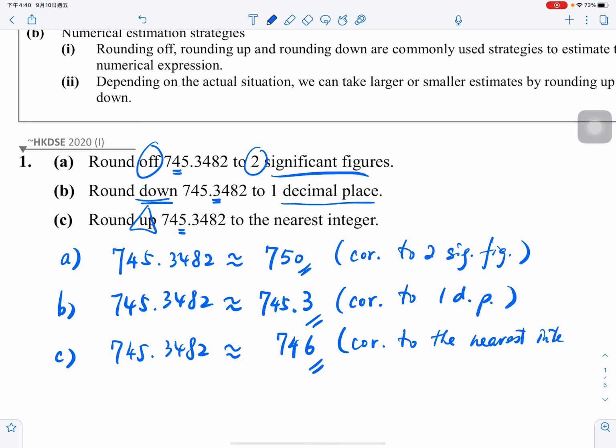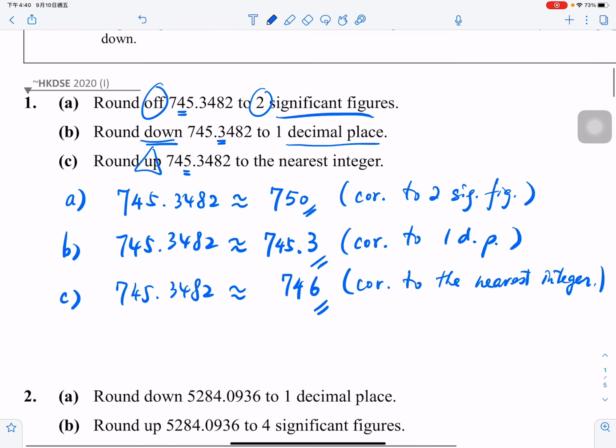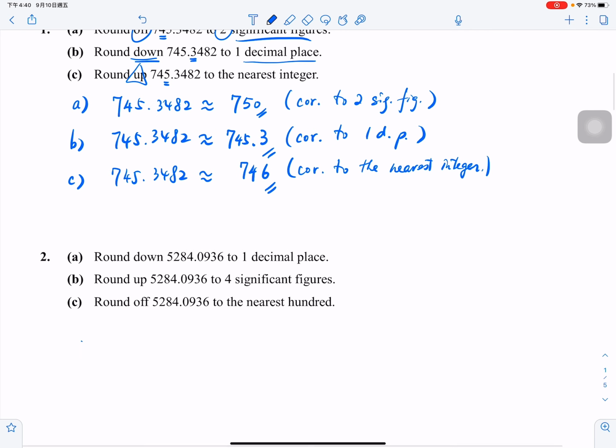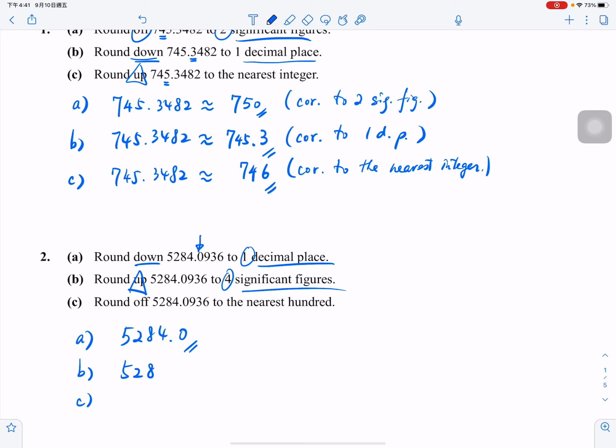Clear? I think it's not difficult, right? One more example, maybe I just write down the answer for you here. 1 decimal place, round down, that means this one. So the answer is 5,284 point 0. Round down means no need to add 1, whatever the values. Round up to 4 significant figures: 1, 2, 3, that means the value 4 here.